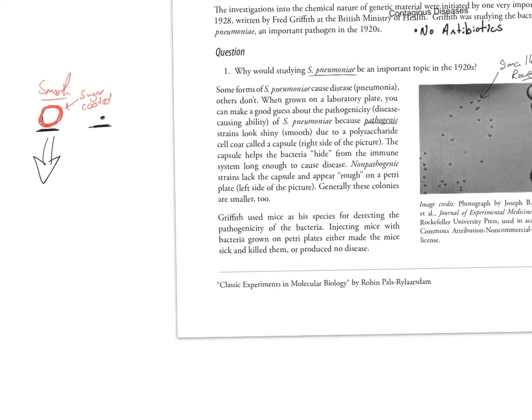And of course, the answer is it's inherited. This bacteria inherits from its progenitor cells the ability to produce this sugar coat, where this bacteria inherits the rough coat.